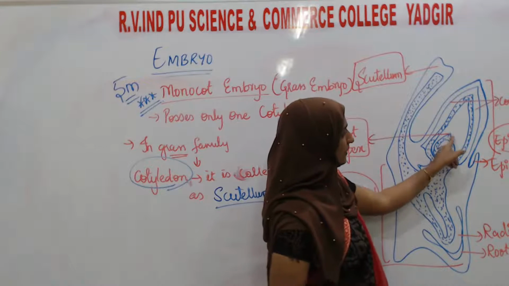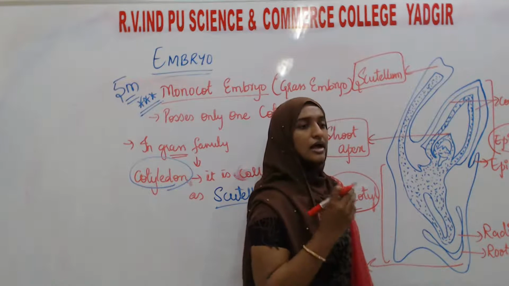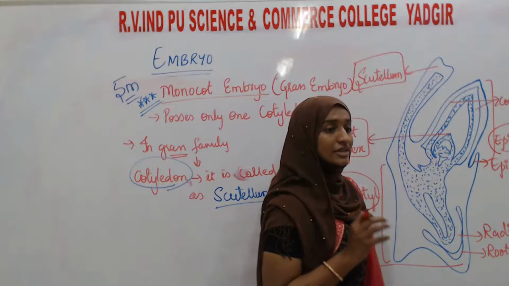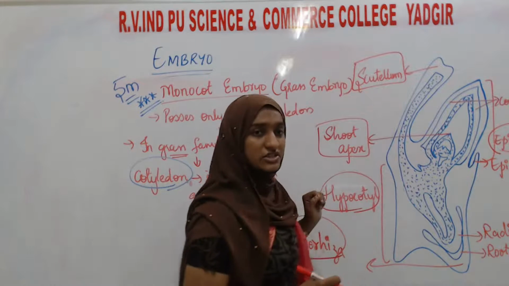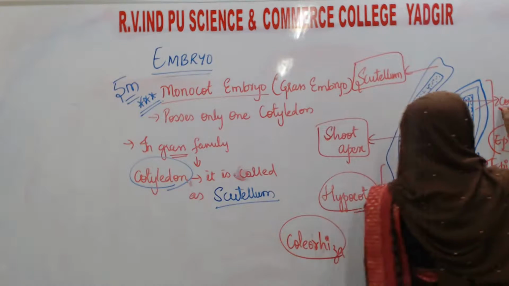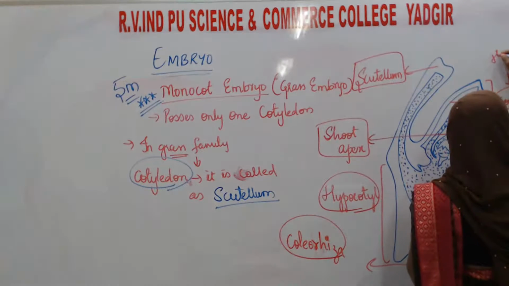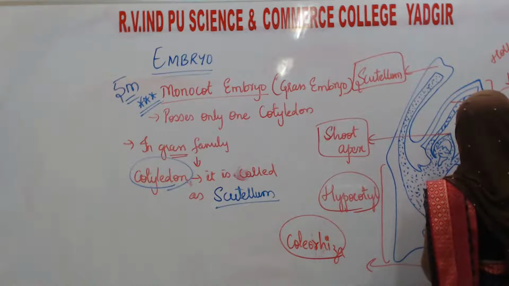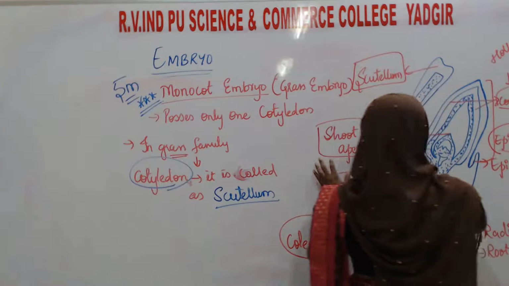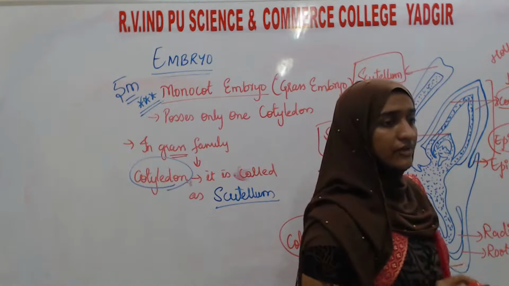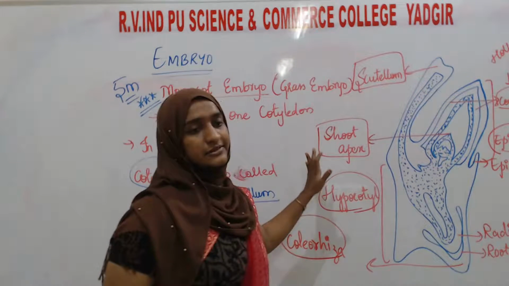You can see leaf-like primordia, and these are located in a hollow foliar structure, and that hollow foliar structure is known as the coleoptile, in which there is the presence of many leaf-like primordia, and that is known as the shoot apex.